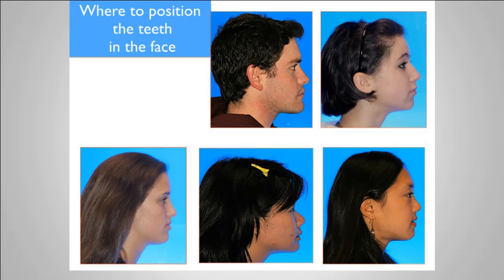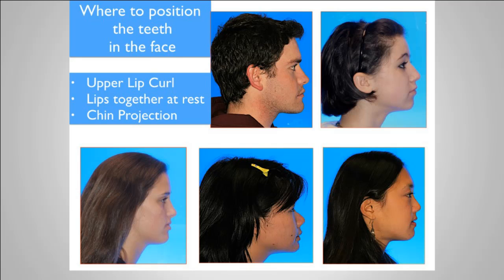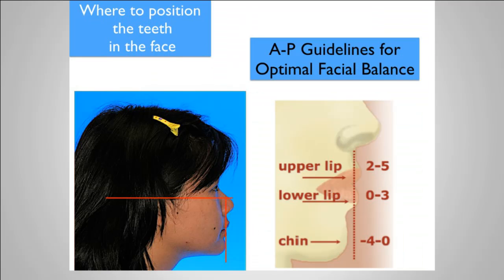As you can see here on the images, we have 5 different photographs of 5 different people, but all with the same proportions and the same outline, lips together at rest, and as much chin projection as that patient allows.